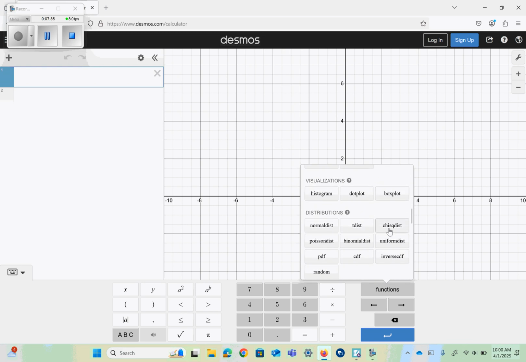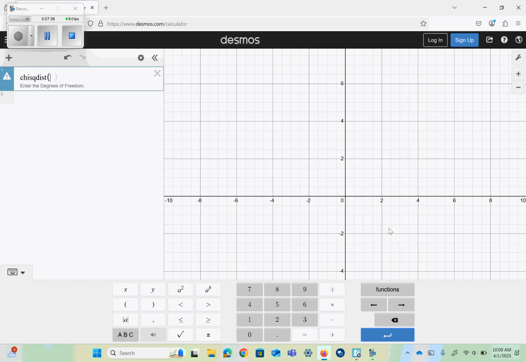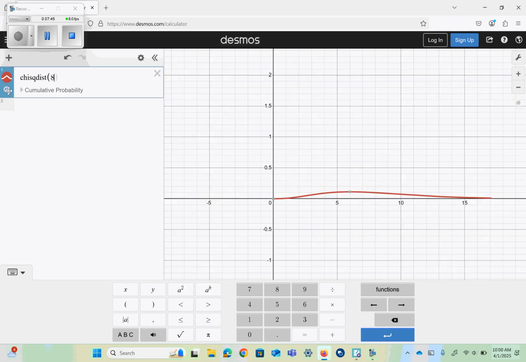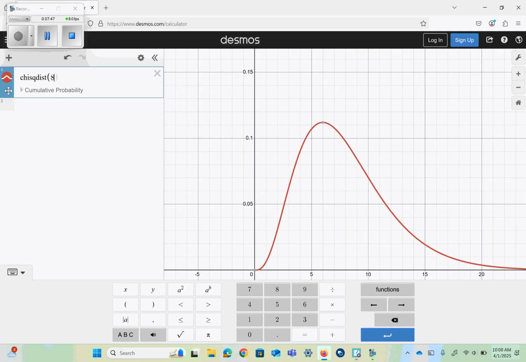If you're not finding this chi-squared distribution on your phone, see if there's an update to your Desmos app. So we have 8 degrees of freedom on this, so we have that. So that's the 8 degrees of freedom chi-squared curve in this situation. This has to do with the Atlantic, Pacific, and Indian Oceans and category 1, 2, 3, 4, or 5 hurricanes. They had already done the work for us.